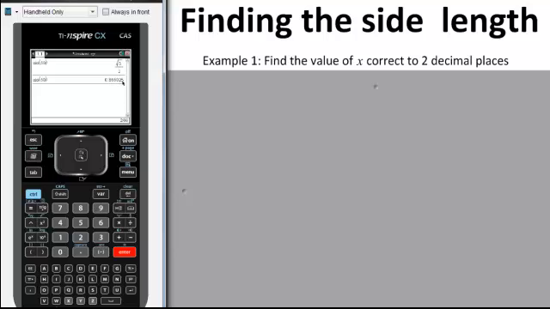If we wanted to say find the tangent of 40 degrees, I would do the same thing, tangent of 40, and then Control Enter. And so the tangent of 40 degrees is 0.8391. Okay, once we're okay with our calculator, we can get on with the rest of the lesson.